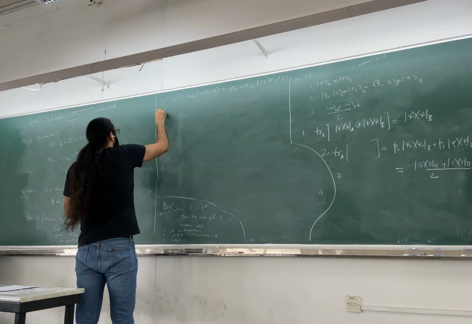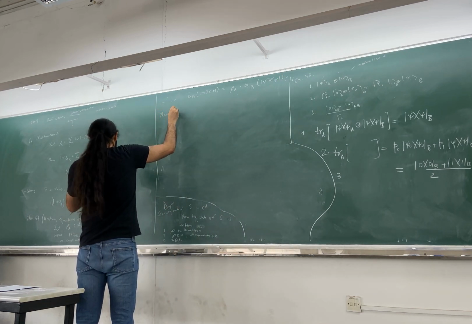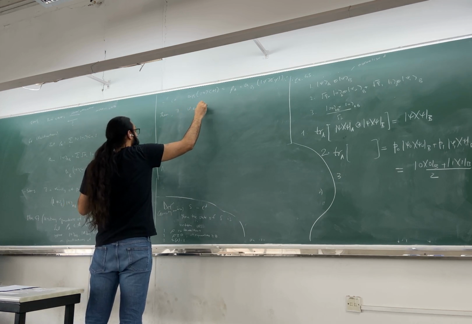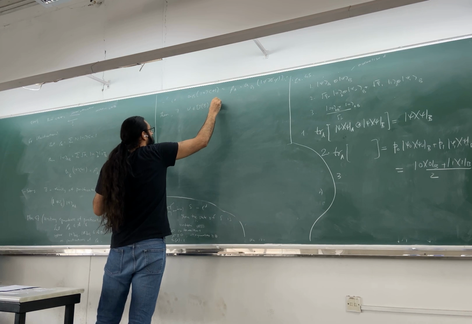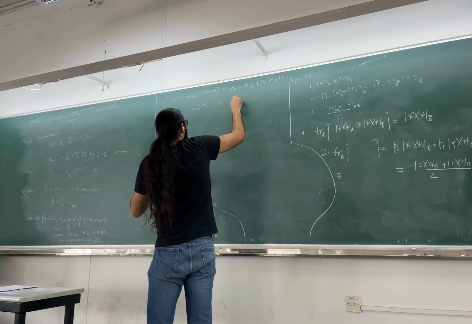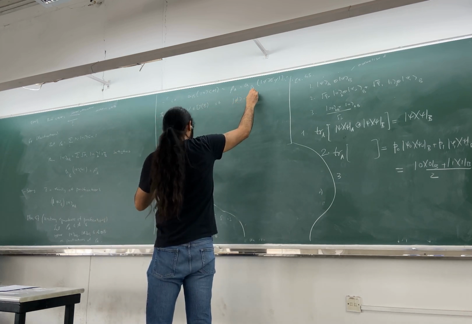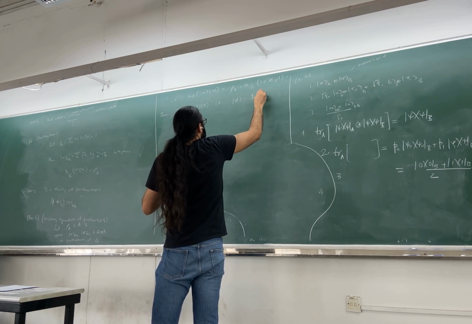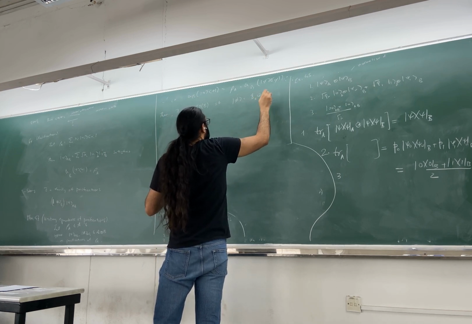Then you can prove that there exists a U in the unitary group on B such that phi is identity on A tensor U on B applied to psi.